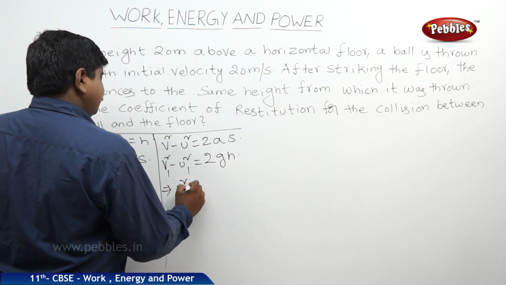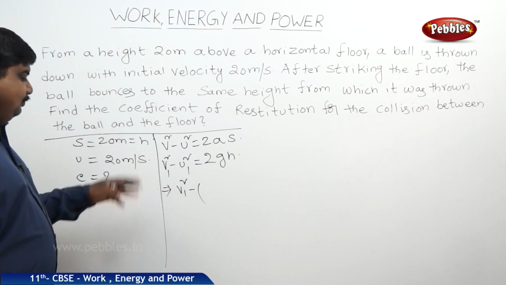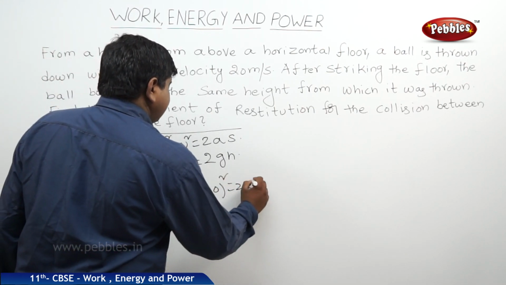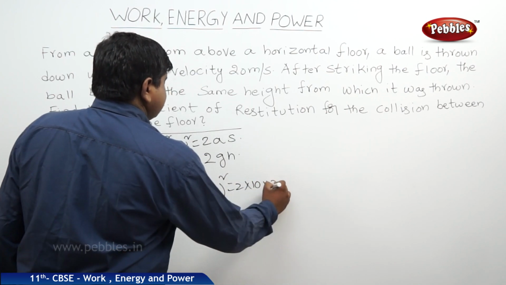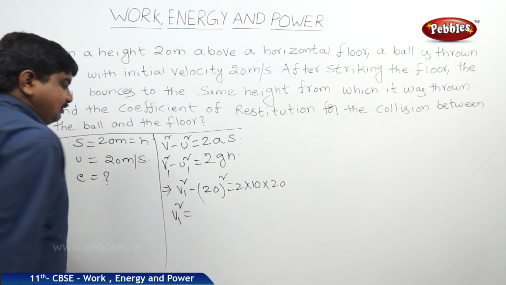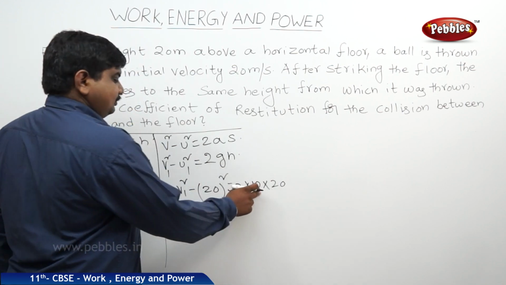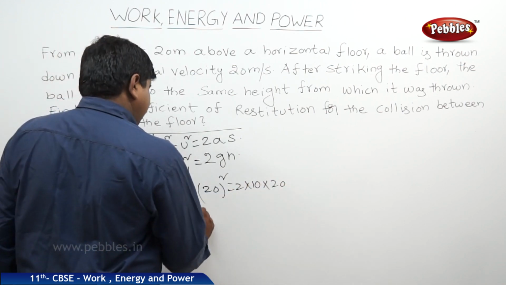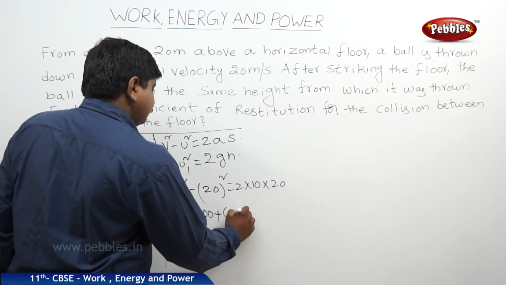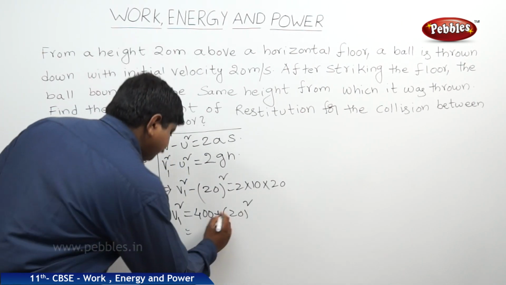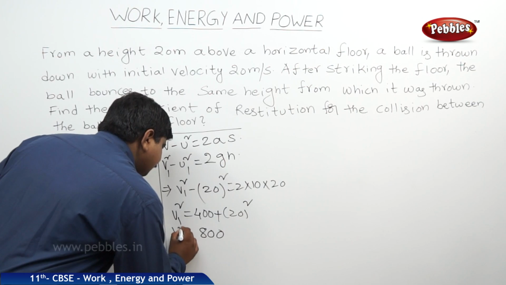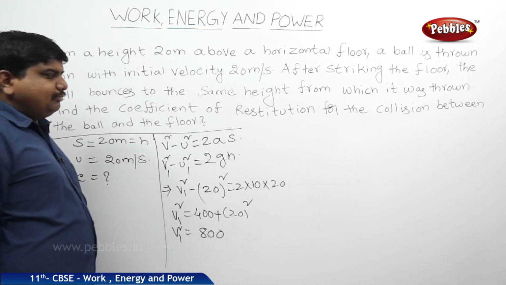Therefore, v1 square minus u1 square, where u1 is 20, is equal to 2 into, let us take g equal to 10 and h equal to 20. Therefore, v1 square is equal to 2 into 10 into 20, which is 400, plus 20 square, so 400 plus 400, 800 is equal to v1 square.